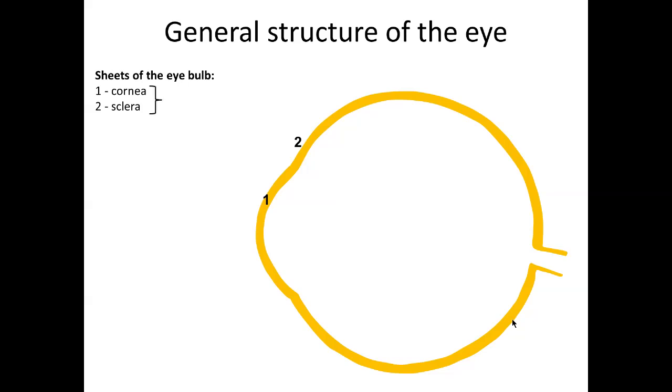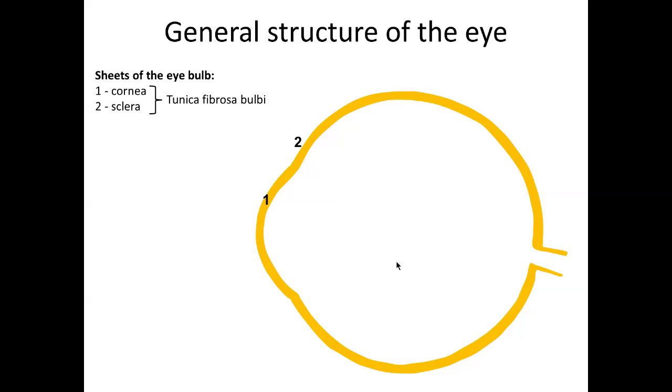Then we can say that these two parts can be combined as tunica fibrosa bulbi. A very interesting detail is that from the posterior surface, tunica fibrosa bulbi prolongates into the sheet for the optic nerve.